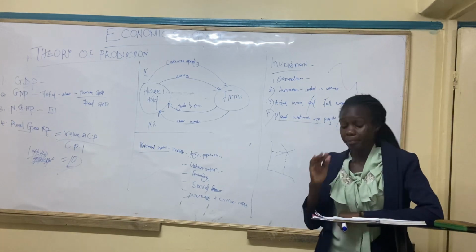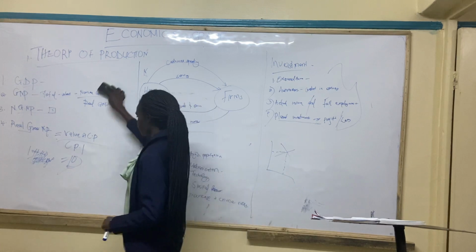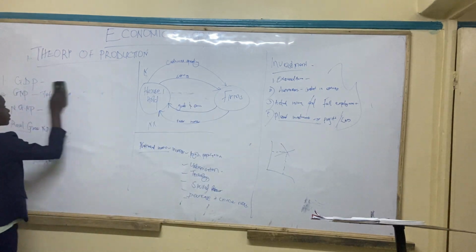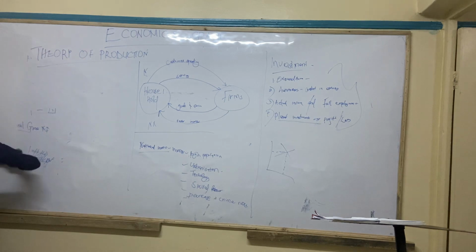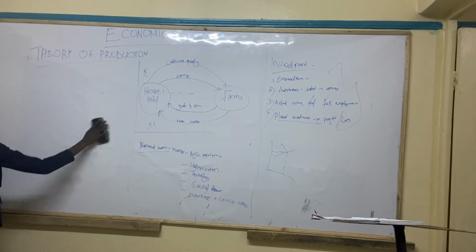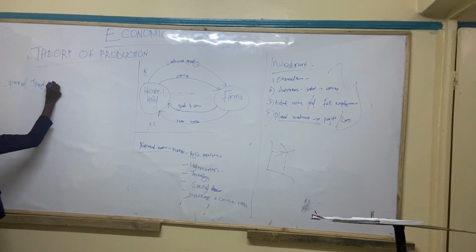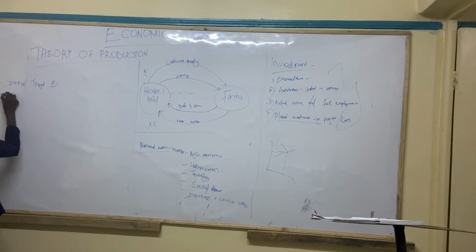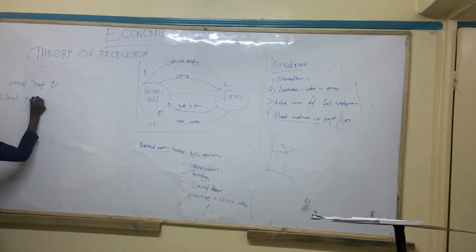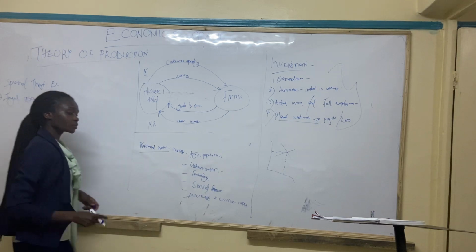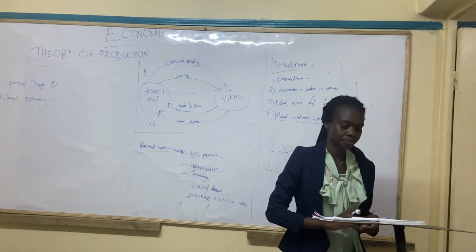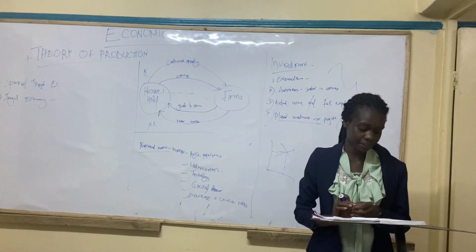So the first one is spendthrift economy, and the second one is frugal economy. Those two are the income models.